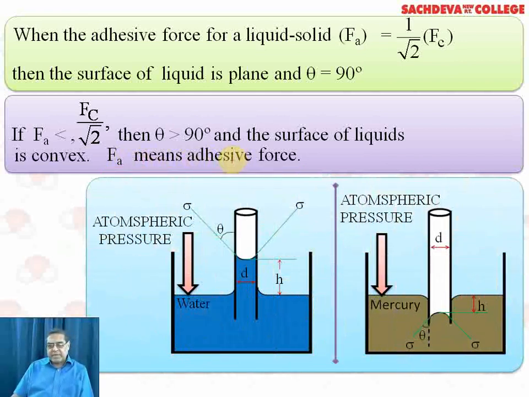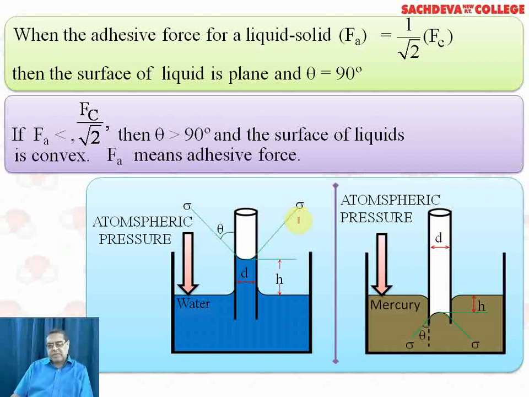Now, again the same figure is there, and in mercury a convex meniscus is indicated, and in water the meniscus is concave. The angle between the tangent drawn on the liquid surface and the glass surface is theta, called the angle of contact, and sigma represents the surface tension.